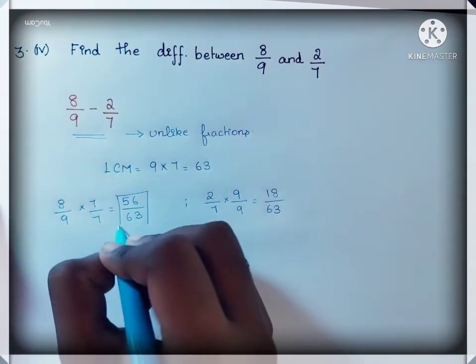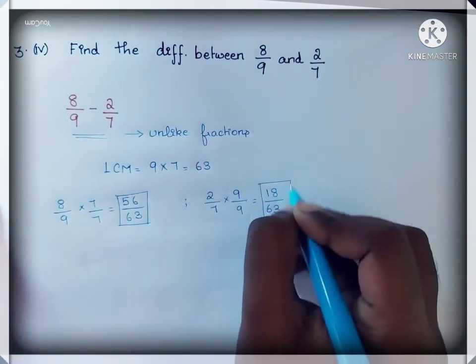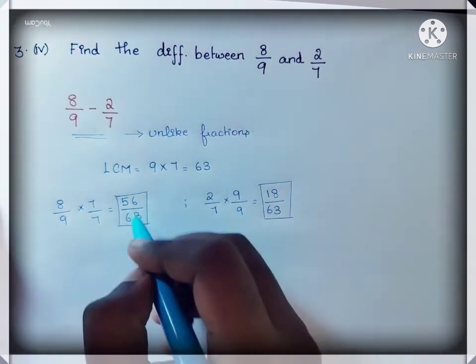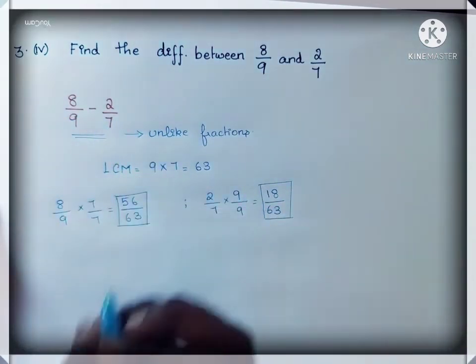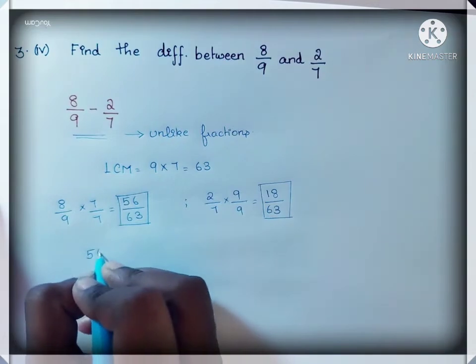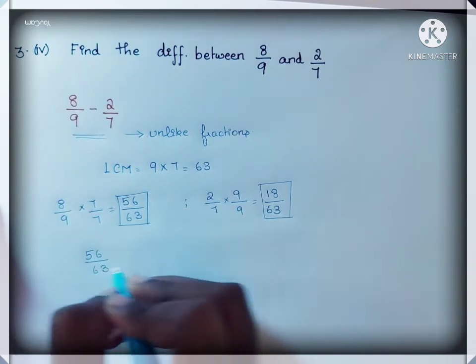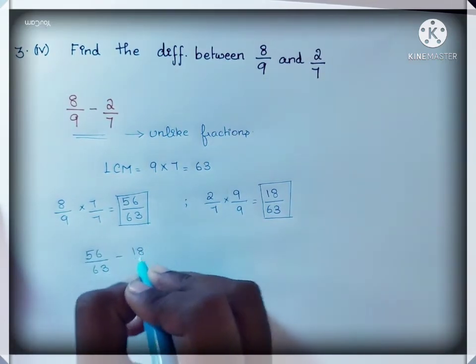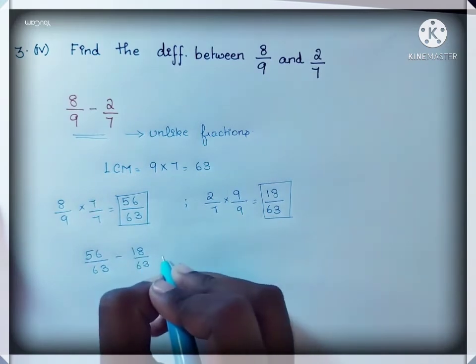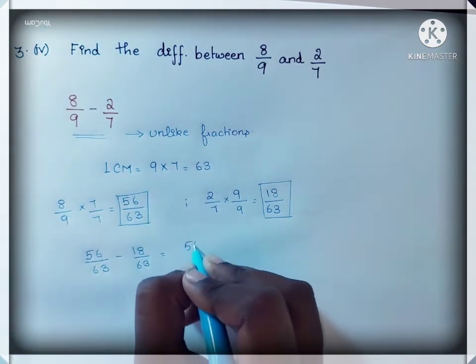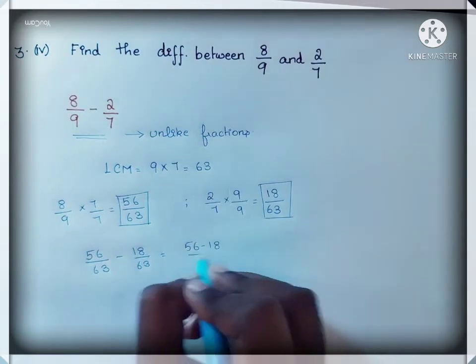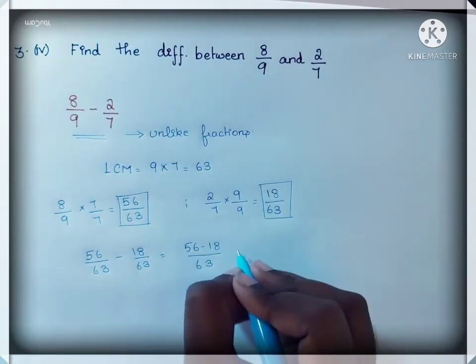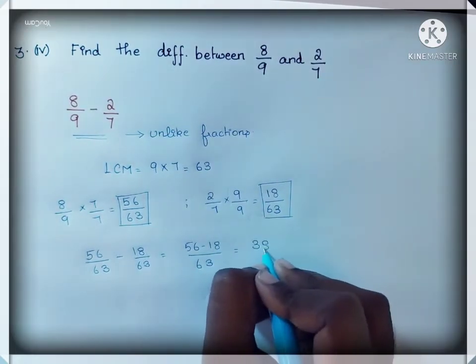The equivalent fractions we have got for the given unlike fractions are 56 by 63 and 18 by 63. Now we subtract these two equivalent fractions because they have the same denominator. 56 minus 18 by 63, which gives us 38 by 63.